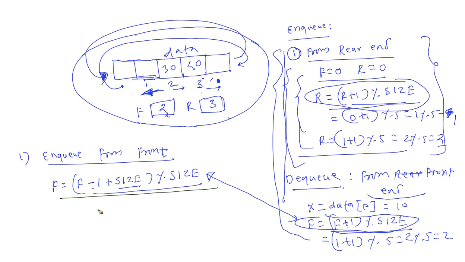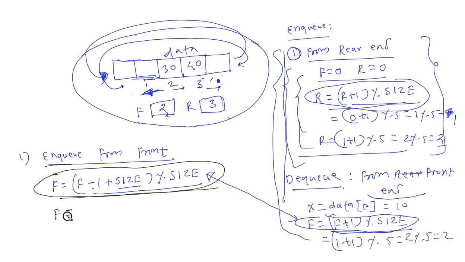Now let's see how to perform NQ using front end. So f is equal to 2. The Q full condition can be checked by using the same previous formula, where f equal to r plus 1 mod size. We will call NQ only after making sure that Q is not full, right?